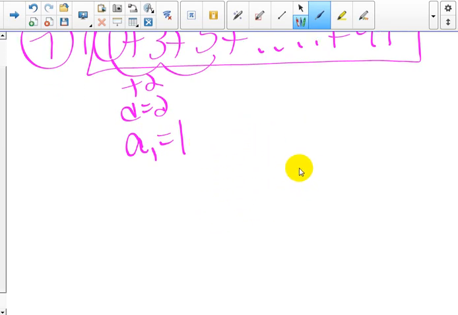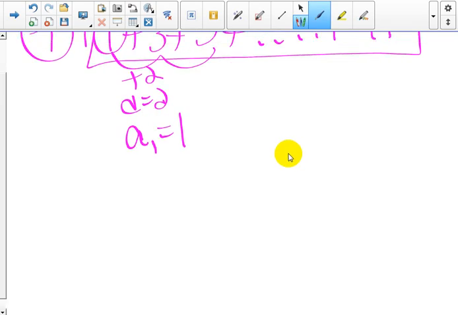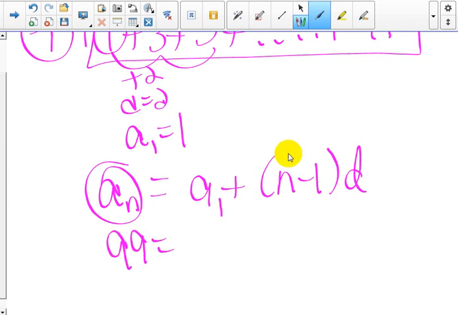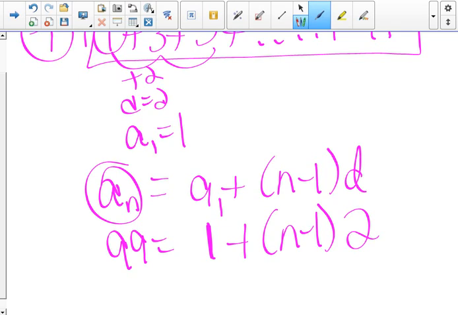To get the number of terms, the last term is equal to the first term plus n minus 1 times d. The last term, which is 99, equals the first term, which is 1, plus n minus 1 times our difference, which is 2.